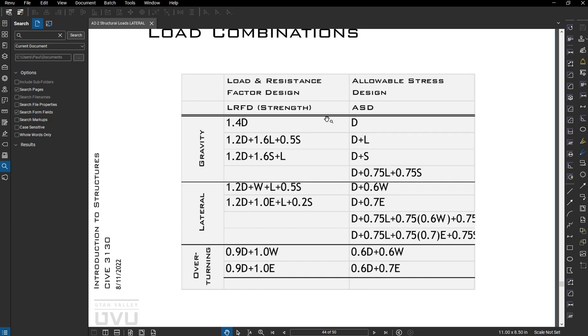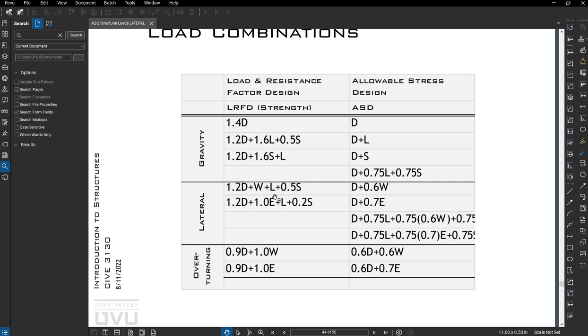So here we have a live load heavy and a snow load heavy. The ASD has you mix live and snow in a certain way that's different than LRFD. We then have lateral load focus combinations, and there's 2 categories.